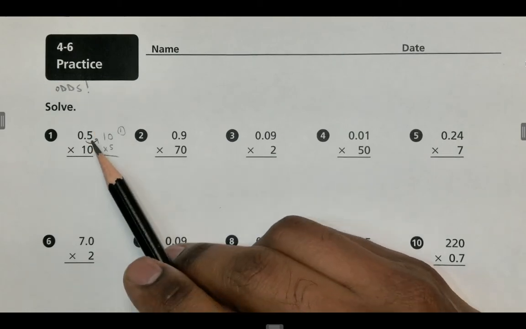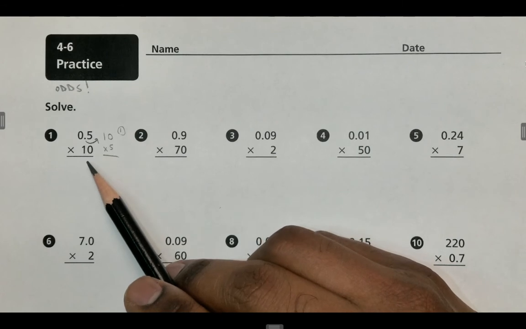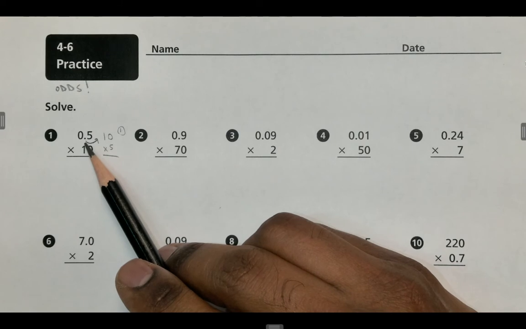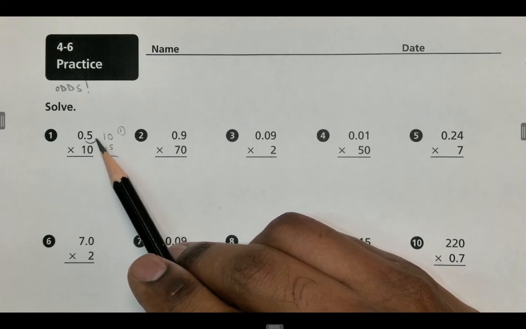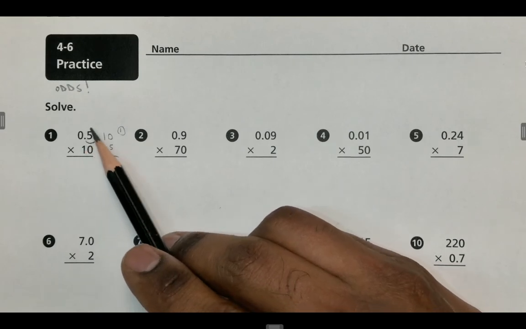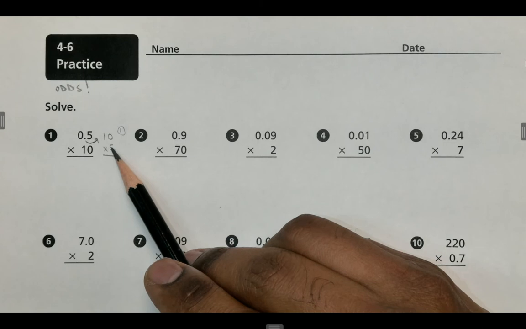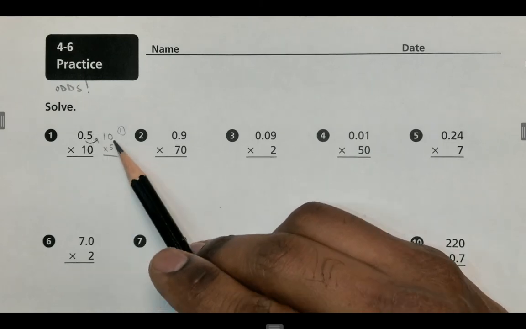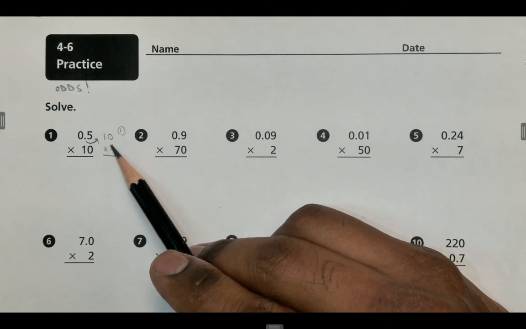Number 1, 5/10 multiplied by 10. In this problem, the decimal 5/10 will require us to push the decimal point one place to the right. Whoop! That clears the decimal point out and makes this into 5. And then I've simply flip-flopped the order to show 10 on top because 10 is the larger between 10 and 5.